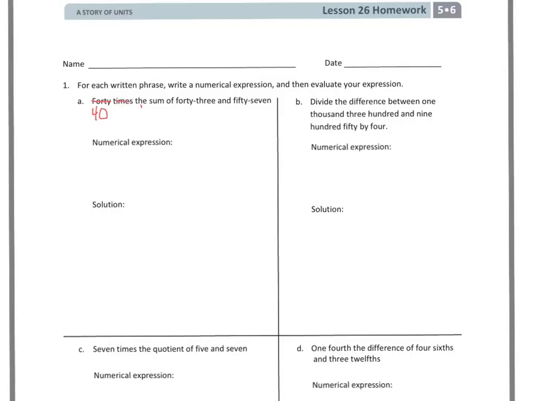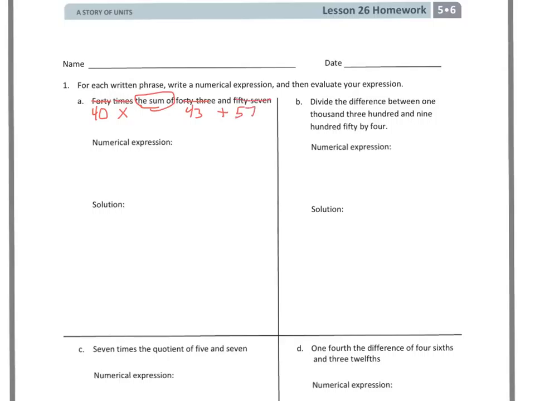So 40 times the sum of means I'm going to have to find this sum of 43 and 57 before I can multiply.